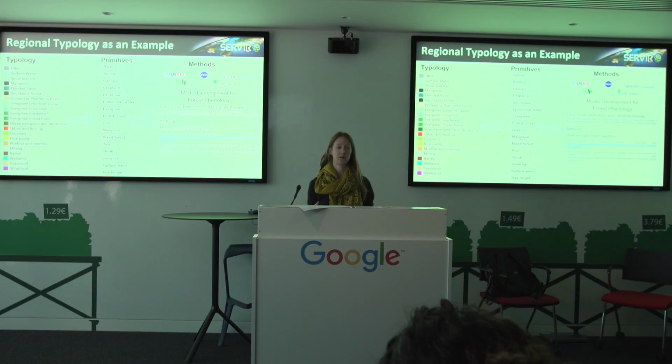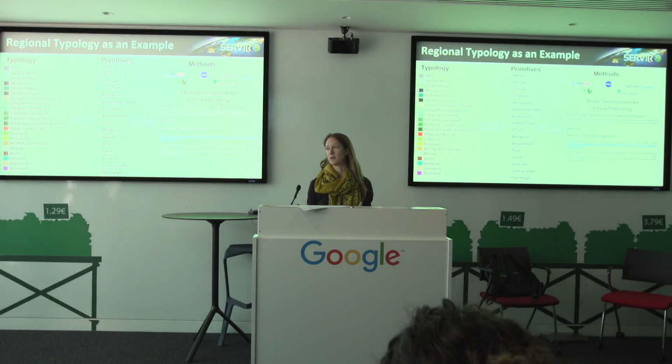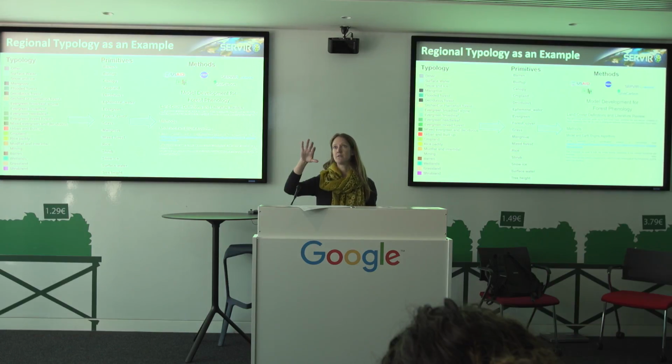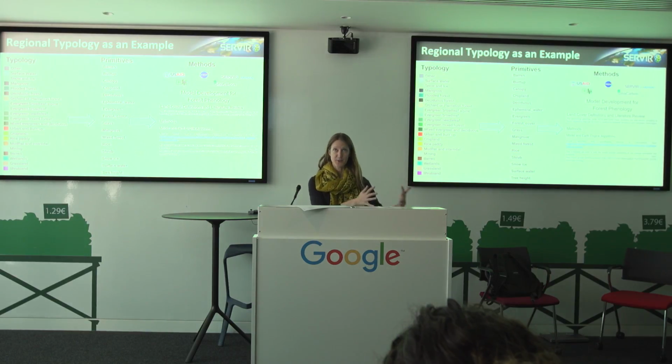So we had a primitive algorithm building workshop where we taught our partners Earth Engine, and they started doing some research, figuring out some algorithms they could implement in Earth Engine. And for each of the primitives, we developed these white sheets.